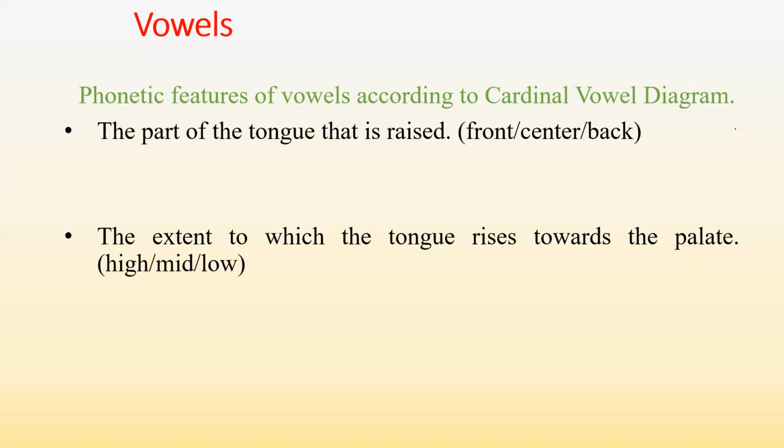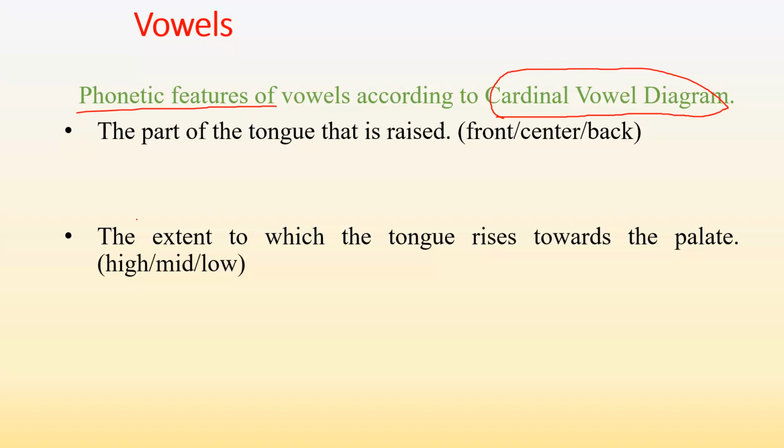But of course, we don't use the word place of articulation in relation to vowel sounds. Instead, we say that there are many phonetic features of vowels according to the cardinal vowel diagram. So we'll go to the cardinal vowel diagram in a few minutes. Before that, I need to explain these phonetic features.